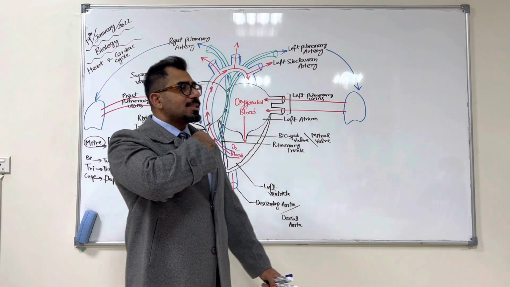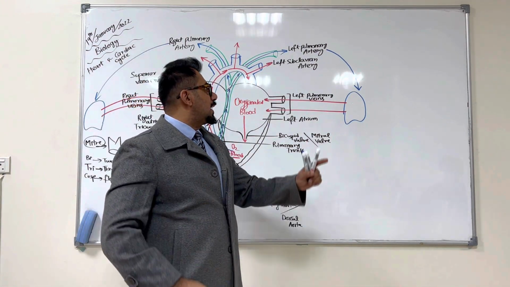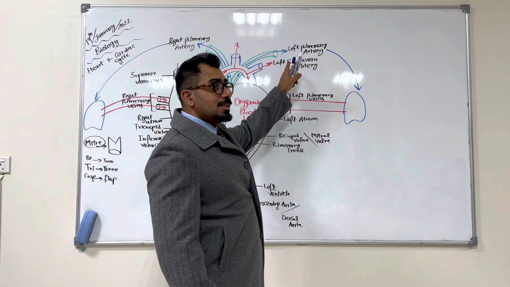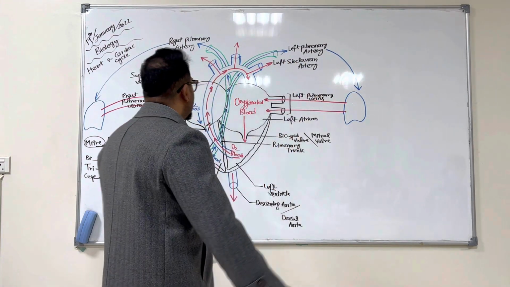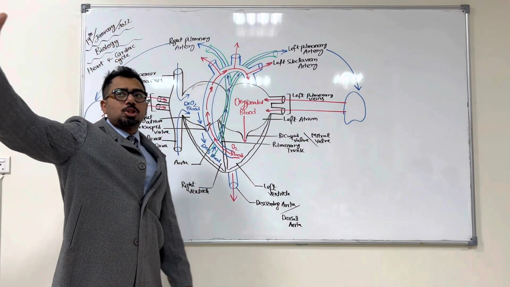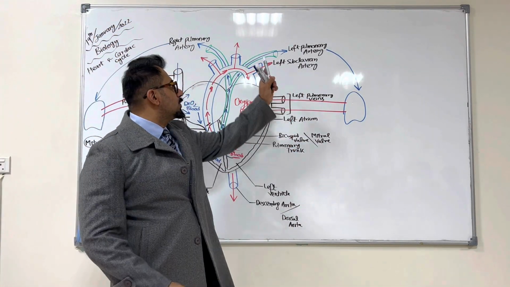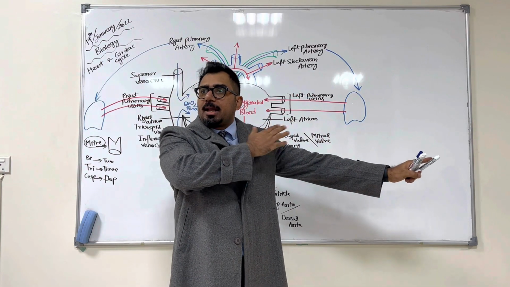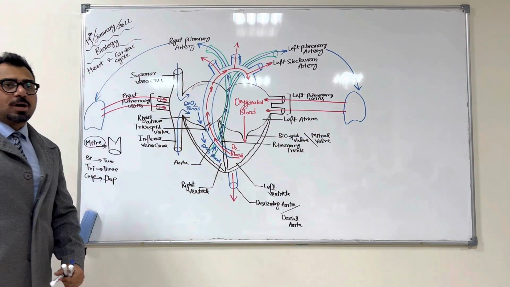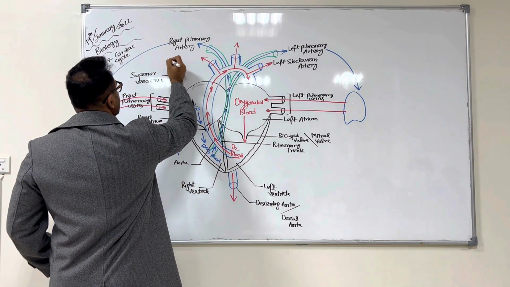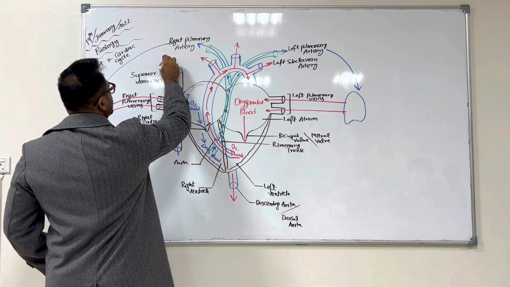As it is passing under this bone, it is called the left subclavian artery. Understood? This one was going to the left shoulder and left arm. This one is going to the right shoulder and right arm, so it is called the right subclavian artery.